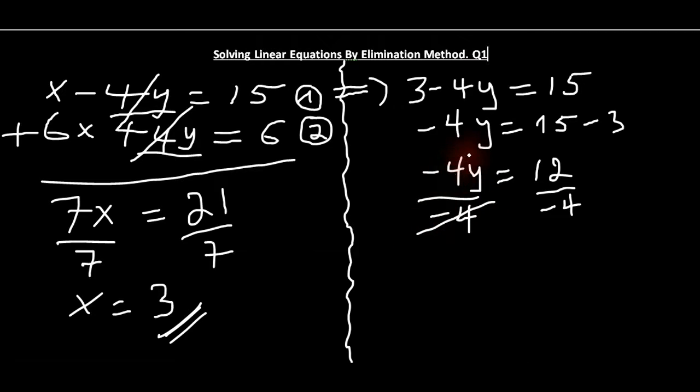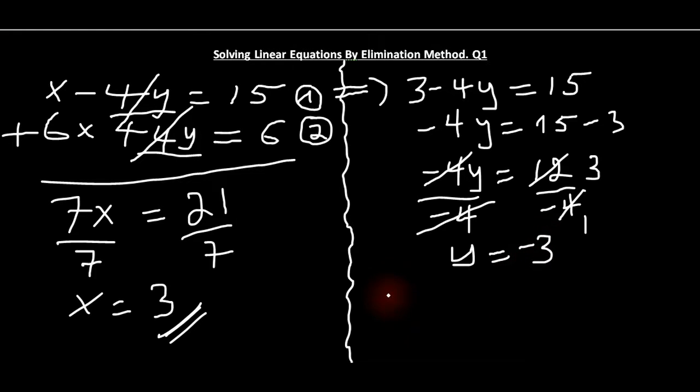Minus 4 is going to cancel minus 4, and 4 is going to go into 12 three times. So y is equal to minus 3.